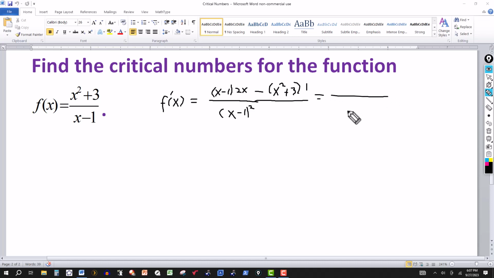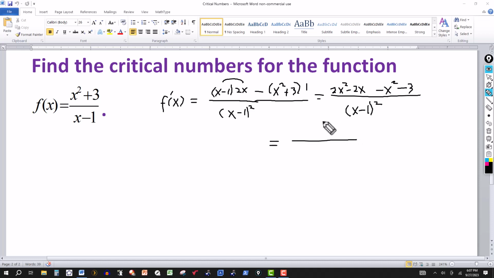We simplify this. So multiply through here by 2x, we get a 2x squared for this right here. And then 2x times minus 1 is a minus 2x. And then it's a minus. Distribute the negative here, minus x squared minus 3. And then we combine.